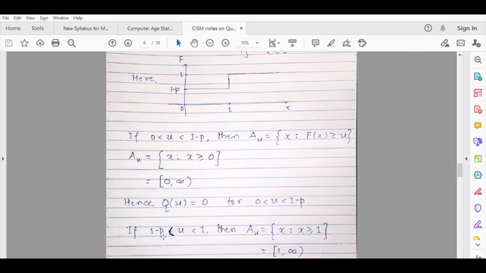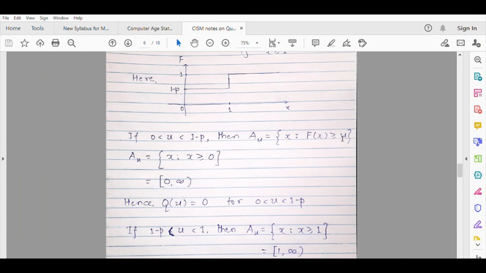So our point u has already crossed the value 1 minus p. So when you consider the collection of all x such that f(x) is greater than or equal to u, you should only consider the values where f is 1. Now f(x), that being a CDF, doesn't cross 1. It can be at most 1. So this A_u will be simply the collection of all x such that f(x) is greater than or equal to 1.